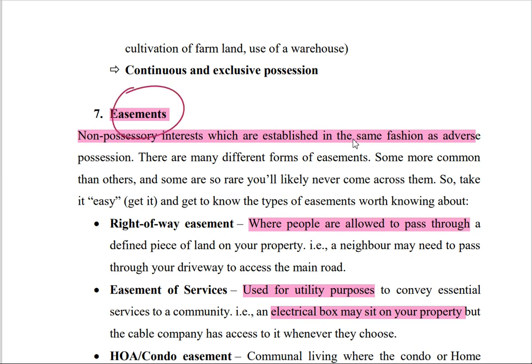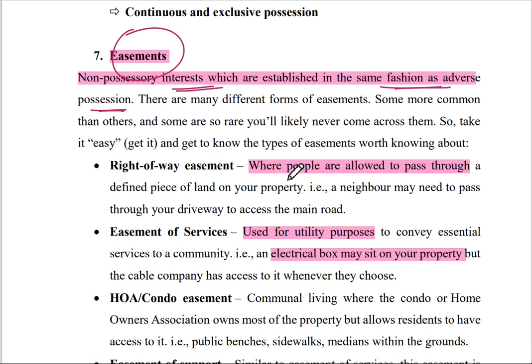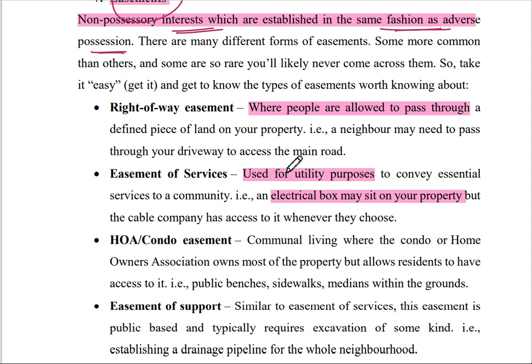Easements are non-possessory interests or rights established in the same fashion as adverse possession. The major one is the right of way easement, where if you let certain people pass through your property for a certain period of time, they could raise a claim for right of way easements.